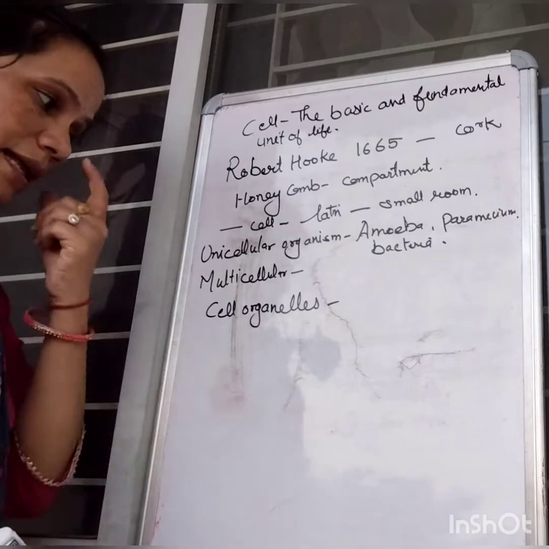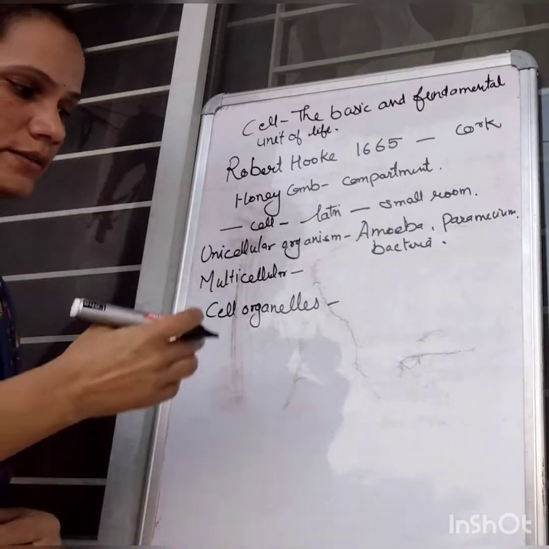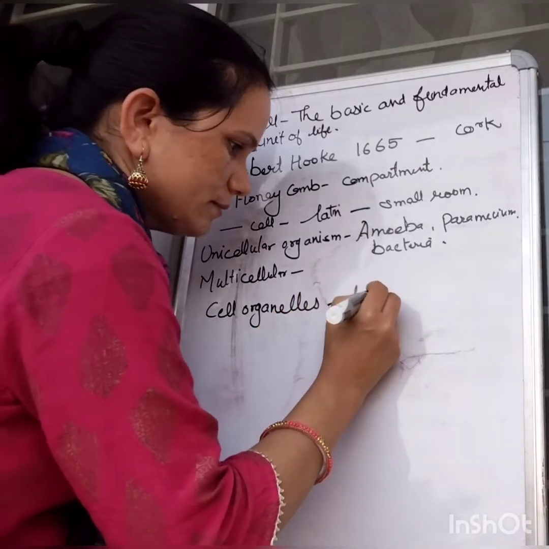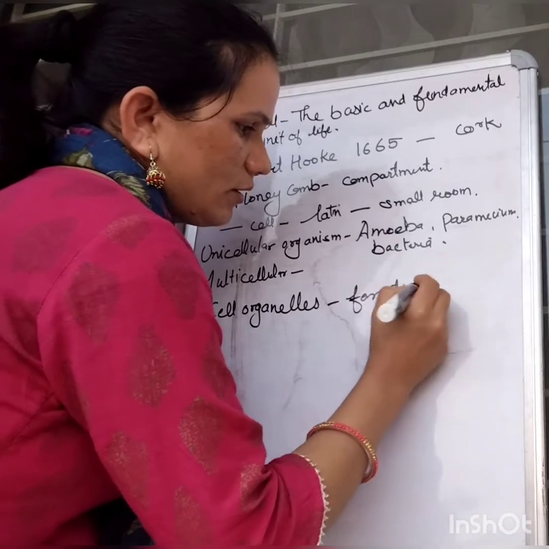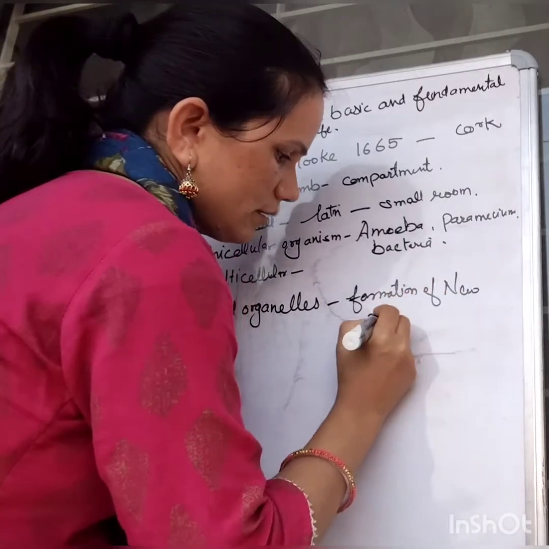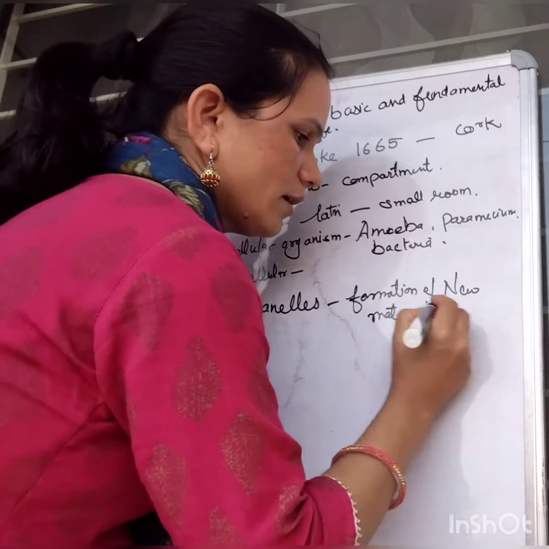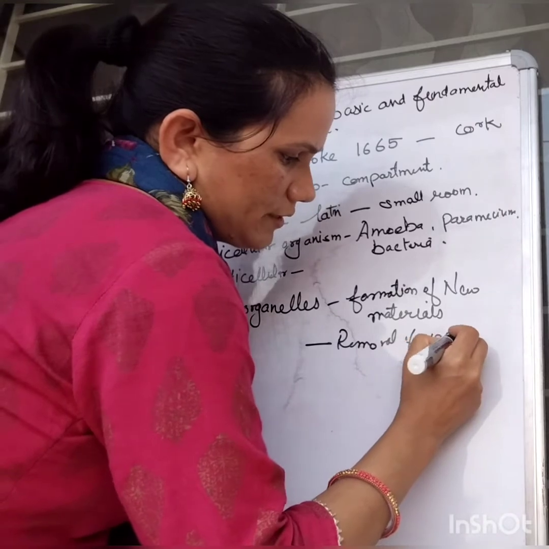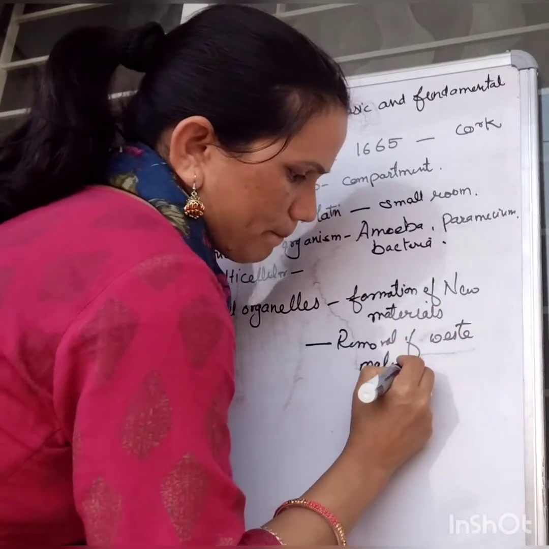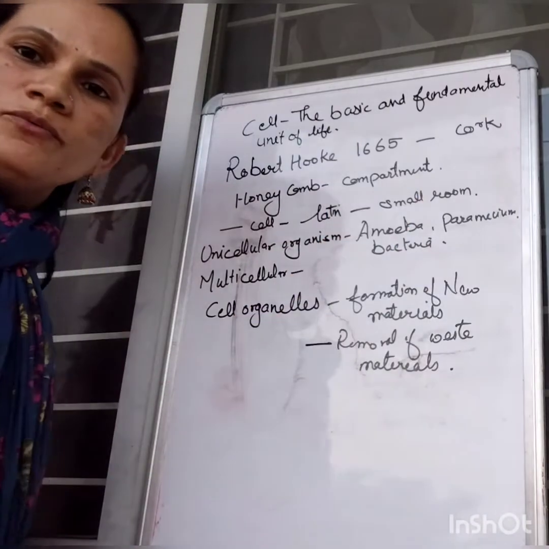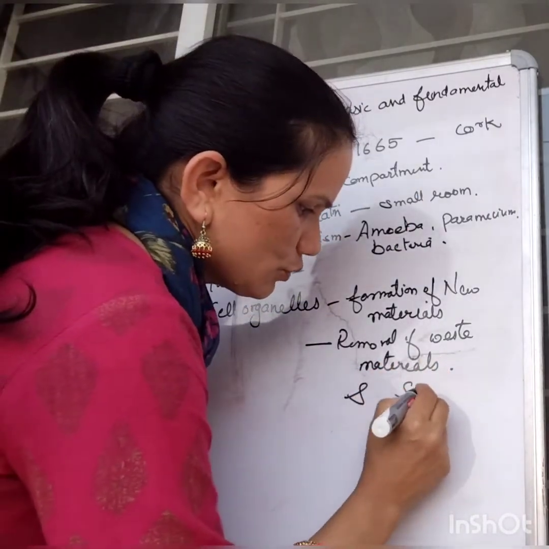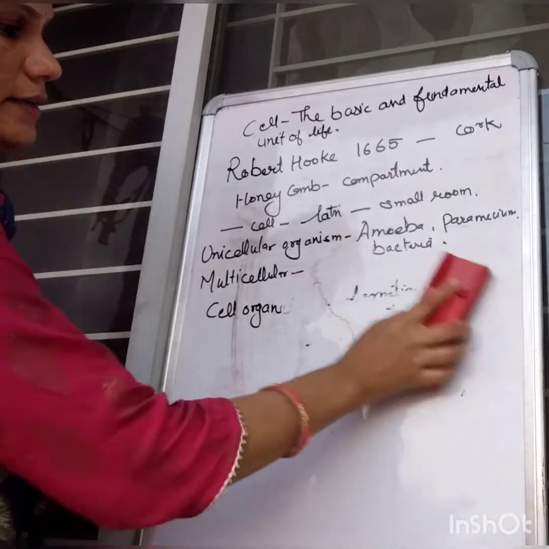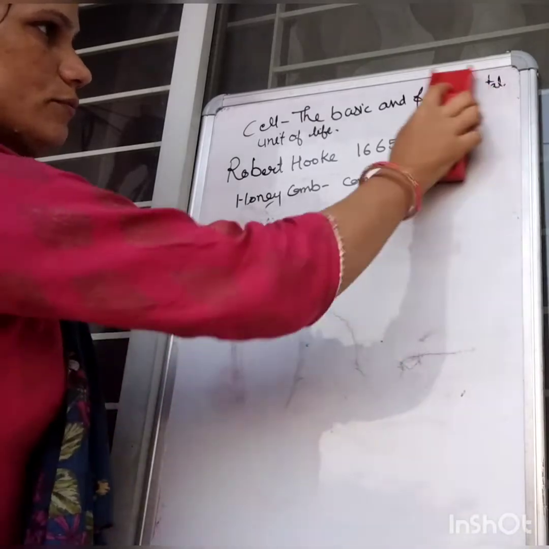These cell organelles perform various functions like formation of new materials and removal of waste materials, and so on. So I think this is clear, and let us discuss the basic structure of the cell.